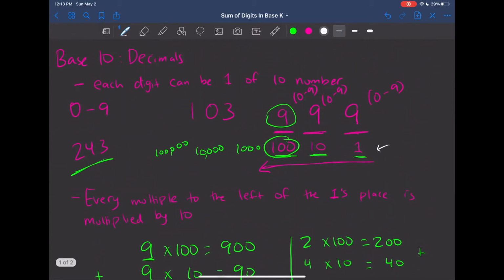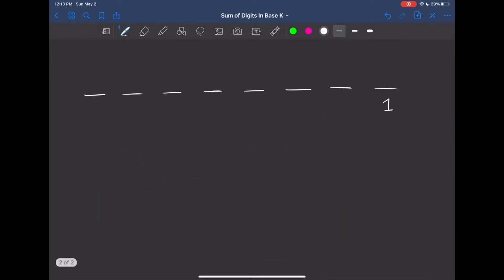And every number to the left of that 1, we multiplied by 10, and then we multiplied that number by 10, and we just kept going like that. So if I were to do the same thing in base 2 to represent a binary number, I would multiply each thing to the left of the ones place by 2. So I'd have 1, 2, 4, 8, 16, 32, 64, 128.